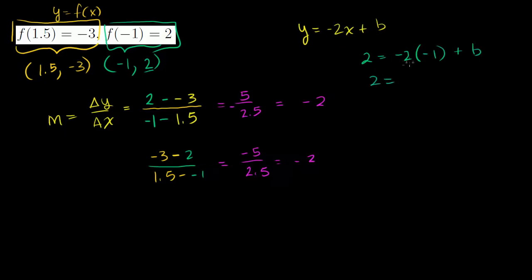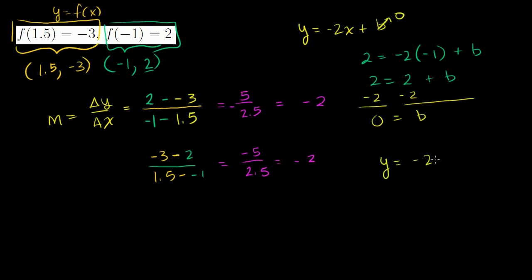So 2 is equal to negative 2 times negative 1, which is 2, plus b. If you subtract 2 from both sides of this equation, you get 0 on the left-hand side is equal to b. So b is 0. So the equation of our line is just y is equal to negative 2x.